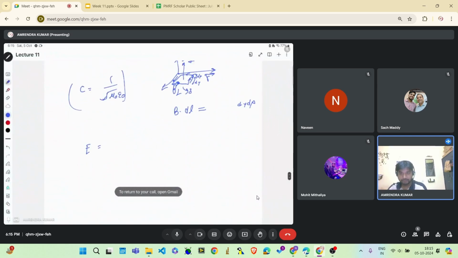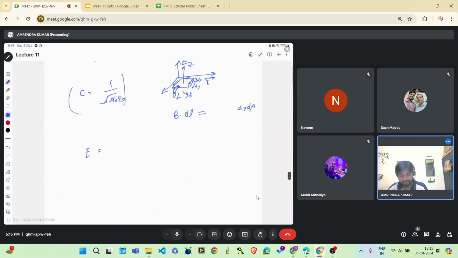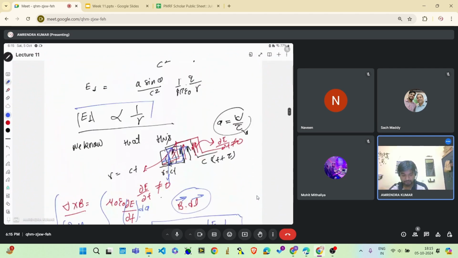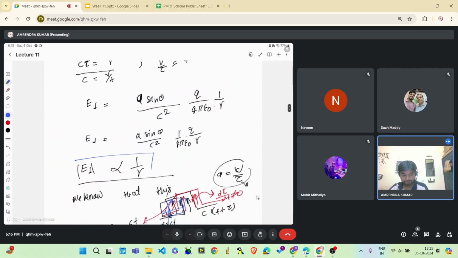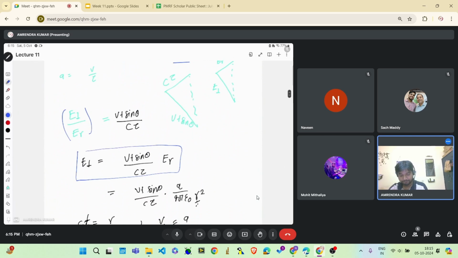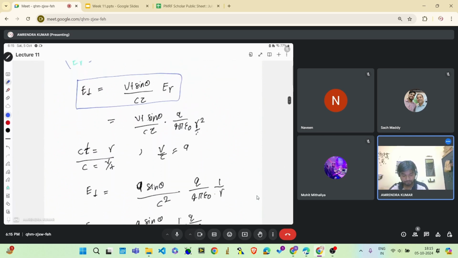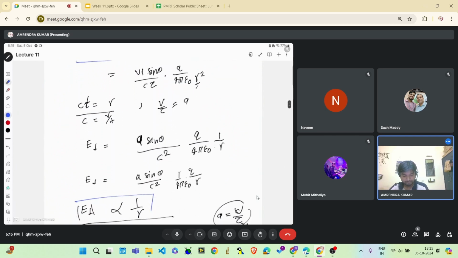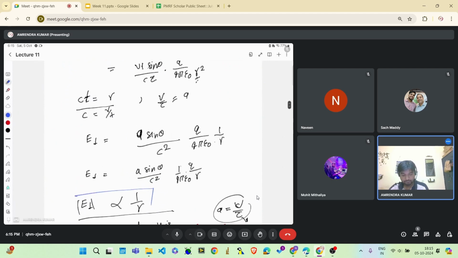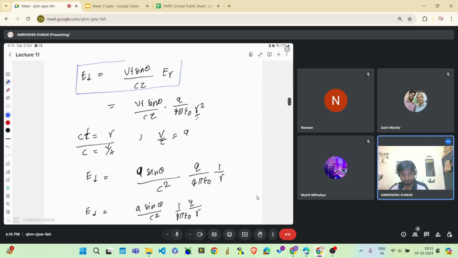So we know that the electric field is like this. The electric field that we calculated earlier was this. So from here we calculated that. This was the copy.